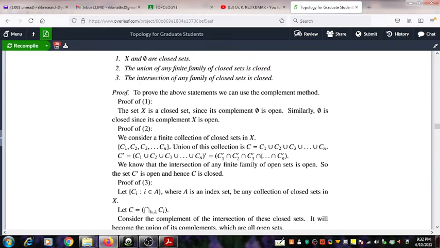So this expression is a finite intersection of open sets, and therefore the whole intersection is an open set. That means C complement is an open set, and since C complement is open, we can say that C is a closed set.